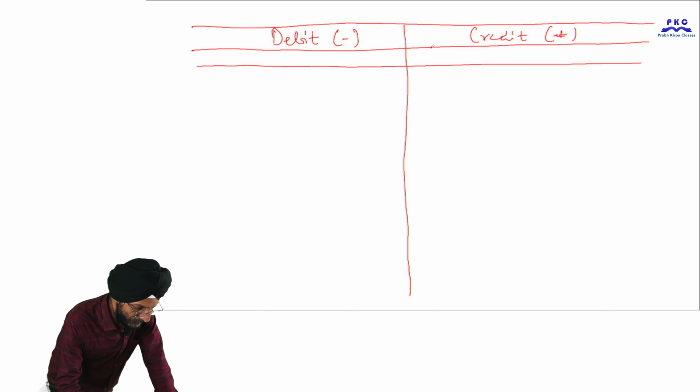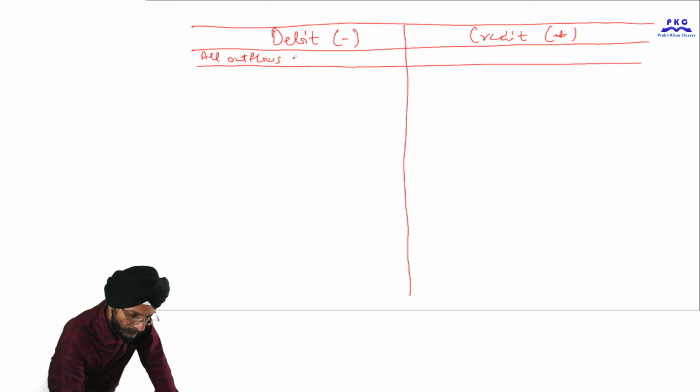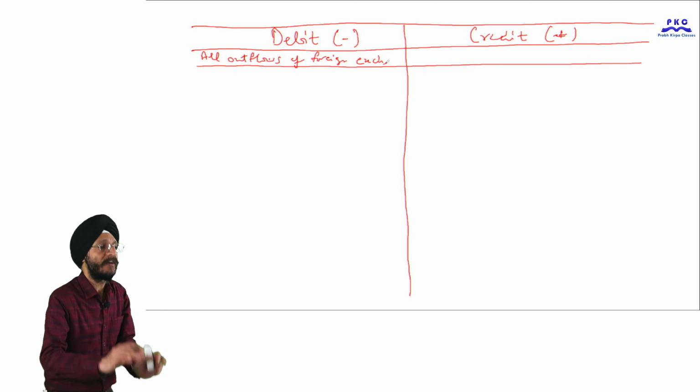What is the meaning of debit? It means that all outflows of foreign exchange are to be taken into consideration.